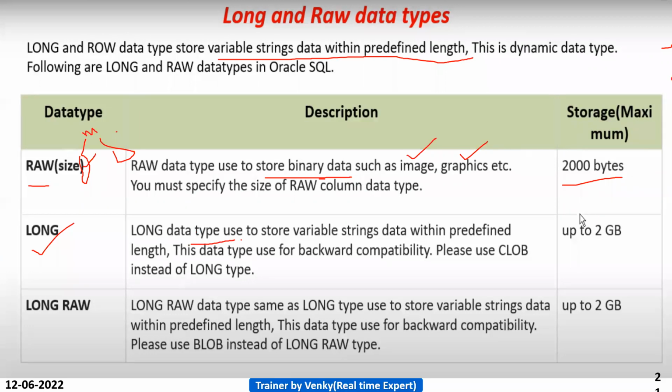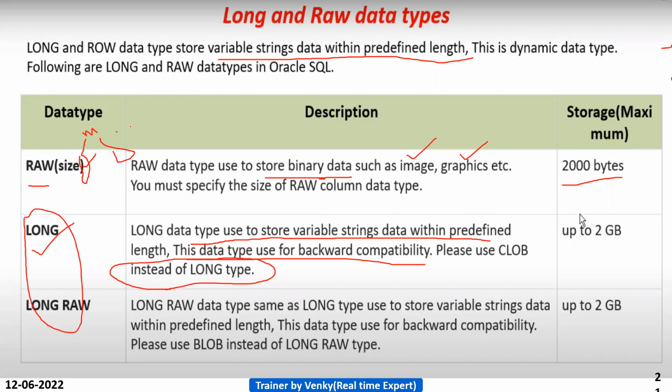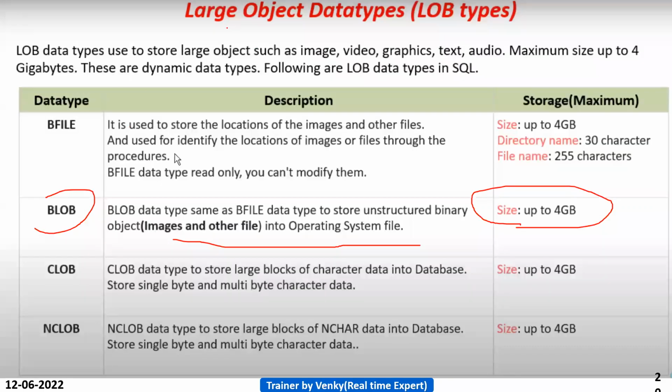Long data type is used to store variable string data within a predefined length. This type is used for backward compatibility. Use CLOB instead of long type. In real time, we never work on these things. Just we need to know what is long and what are these large objects.